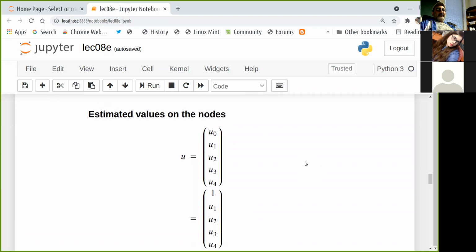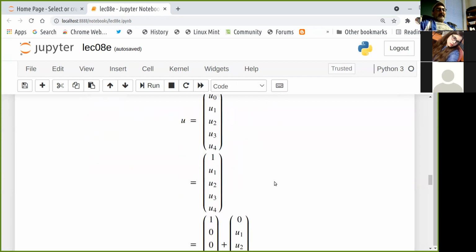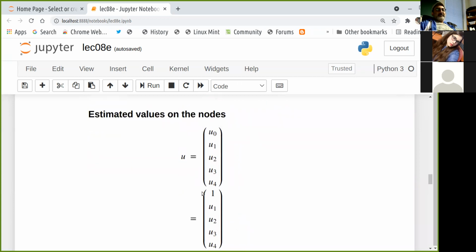So once again, U is the set of the values of the approximate solution at those 5 nodes on the interval. And we know that the first one is going to be 1.